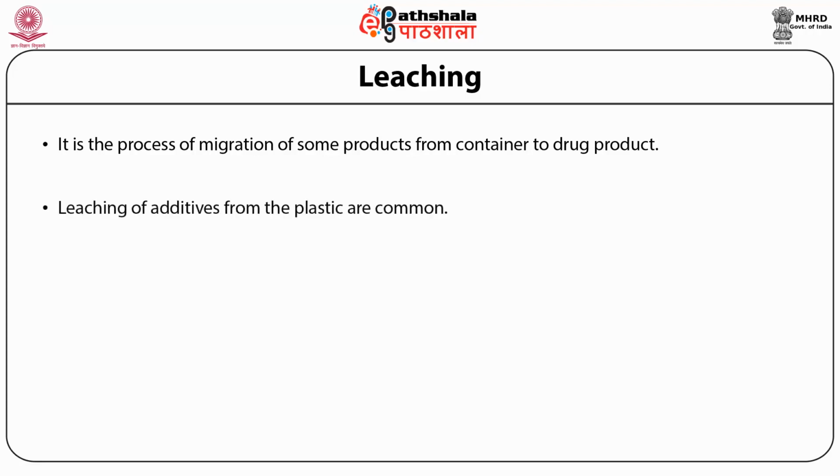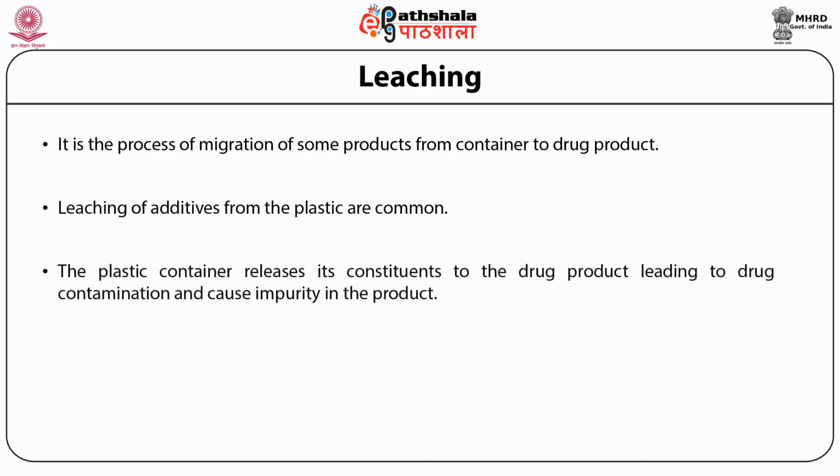Leaching of additives from plastics is very common. The plastic container mostly releases its constituents to the drug product, leading to drug contamination and causing impurity in the product. And sometimes they may be toxic or lethal to the patient.